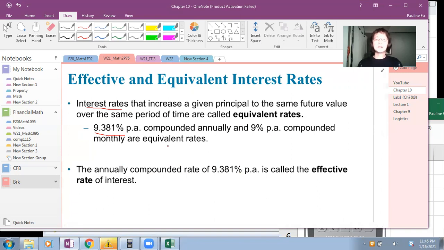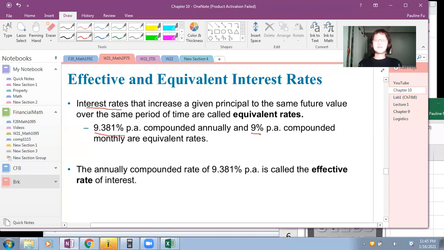Consider $1. If you have $1 and you use 9.381% compounded annually, what would it be in 1 year? That $1 will become $1 how much? And then you calculate $1 if the interest is 9% compounded monthly.